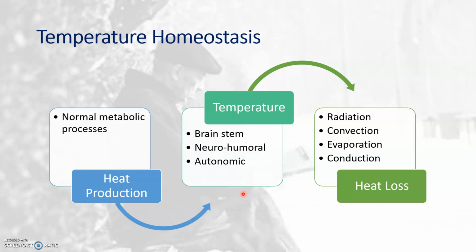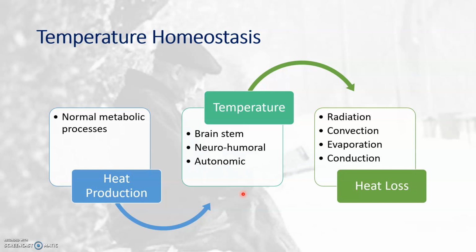For example, the autonomic system may control subcutaneous vascular tone, vasoconstriction or vasodilation, and therefore blood flow, and it may also regulate sweating, whereas the neurohumoral component may affect heat production and heat loss through the regulation of anabolic and catabolic hormones, such as insulin on the one hand versus adrenaline, glucocorticoids, thyroxine, etc.